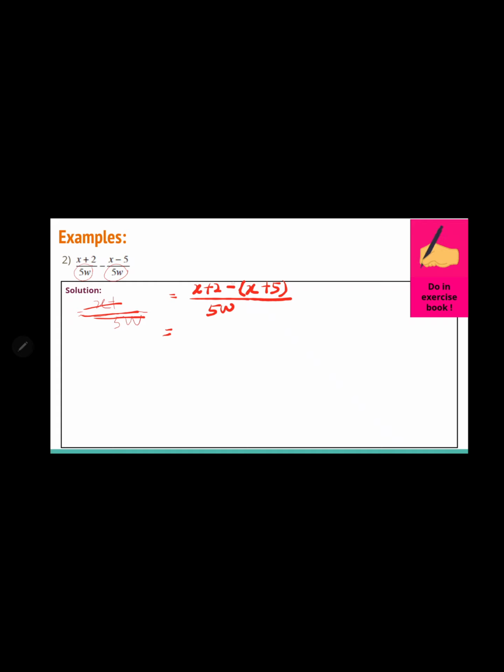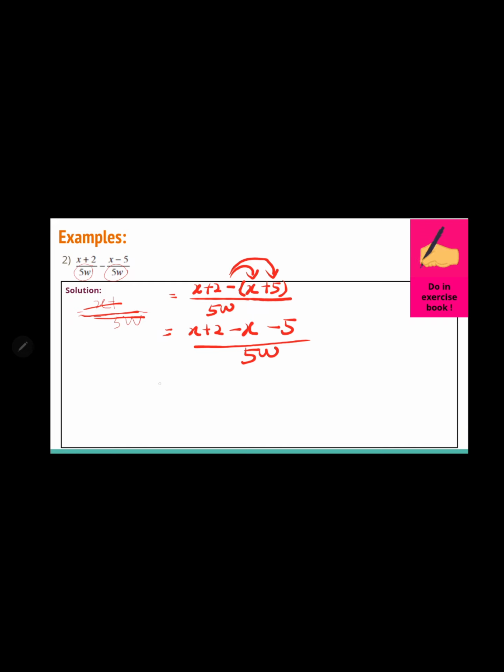Because the negative tells you that you have to multiply for both terms. Following the order of operations, I take away the bracket, which means I do the bracket first. So negative multiplied by x is minus x. Negative multiplied by positive 5 is negative 5, over 5w. You need to be careful.